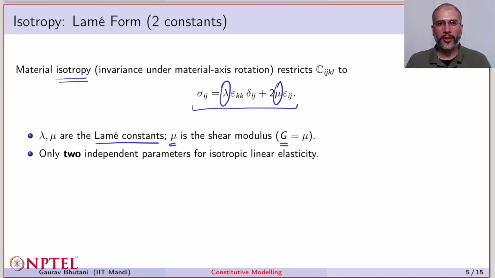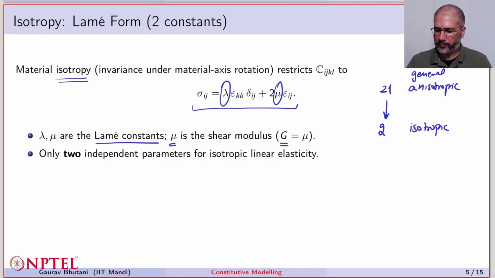But what we can notice here is that from those 21 components, we simply go down to 2 for an isotropic material. So this 21 actually is for a general anisotropic material. Of course, if the material has certain special symmetries or certain special types of anisotropies, the number of components may be somewhere between 21 and 2.